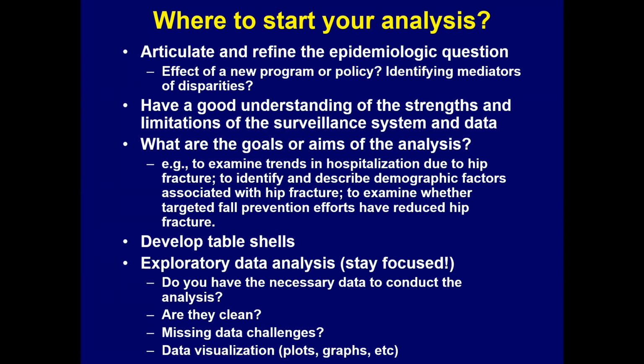You also want to identify and describe the demographic factors associated with this event. You may also want to define certain intervention exposures and their associations with the outcome. Then you can get started with some exploratory data analysis.